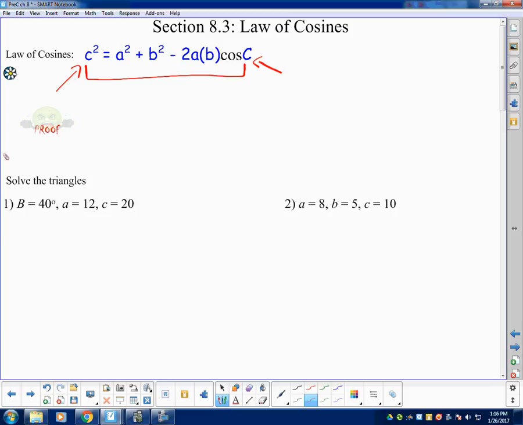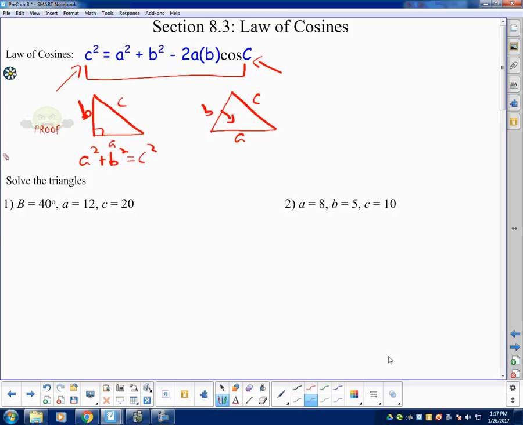The way I remember this law of cosines is, if you think about it, the Pythagorean theorem says that with sides A, B, and C, A squared plus B squared equals C squared. Okay, that's the Pythagorean theorem. If I take this triangle and I just move this side in a bit, we'll still call this A, B, and C. We've changed the length of C now and moved it in so that it's smaller.